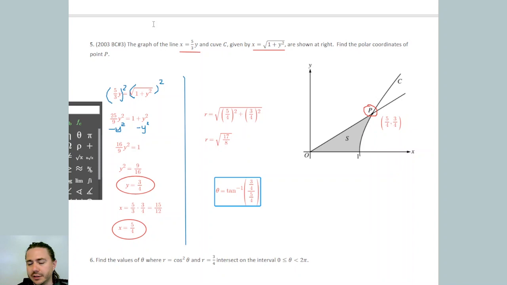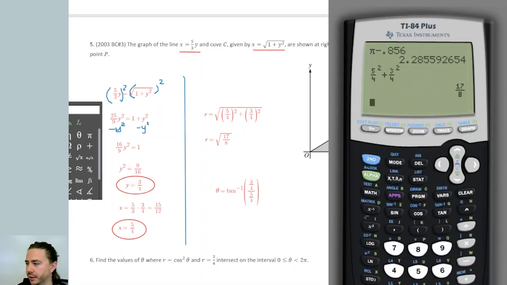Okay, this is something that, again, you're probably going to just want to put in the calculator. So let's bring that calculator back. And this one we're just going to estimate. We're going to say the inverse tangent of 3/4. I guess I need to embed some fractions in here.